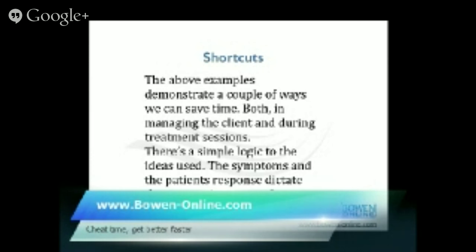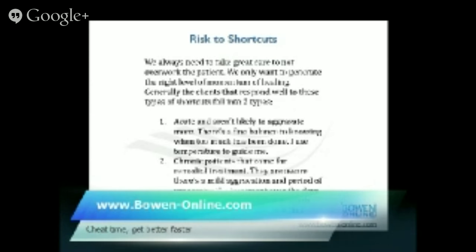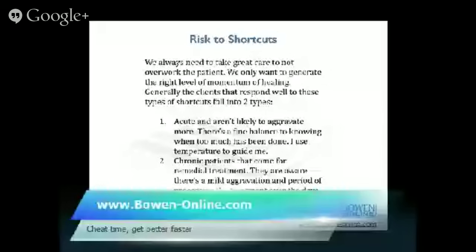And so now we're going to look at some of the ideas for that and how we can use some shortcuts for that. And we'll be coming to the shortcuts themselves shortly. But risks of taking shortcuts are there, and we always need to take care not to overwork the patient, because essentially what happens when you overwork the patient, it goes wrong.